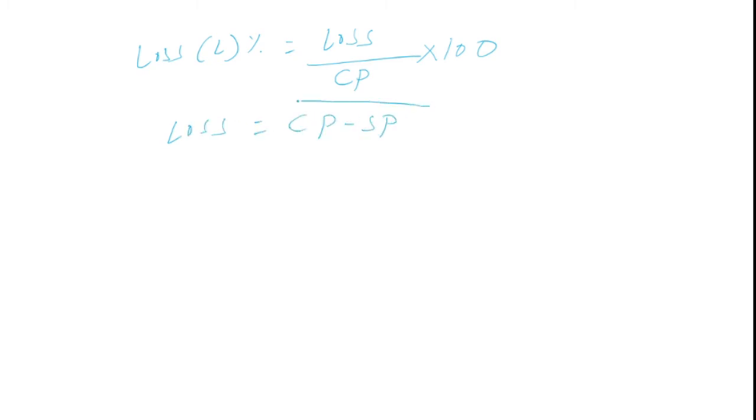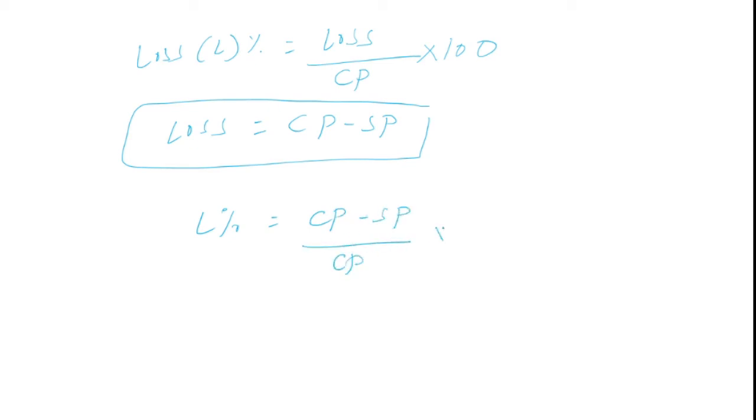Loss percentage is loss by CP into 100. What is loss? Loss is CP minus SP. So the loss percentage formula is CP minus SP by CP into 100. So the formula is clear.